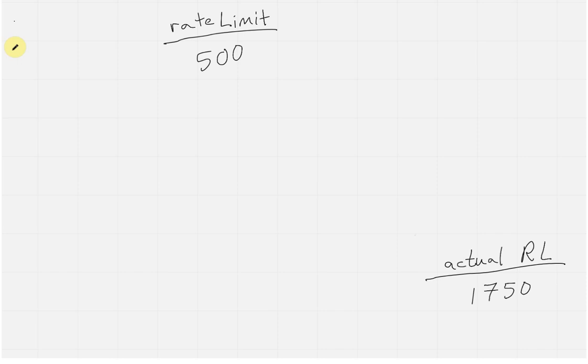So raise it by 1,000 until we find the rate limit. So, or make it 1,500. Raise it by 1,000. It won't work. Raise it again. So 2,500. This works, right?